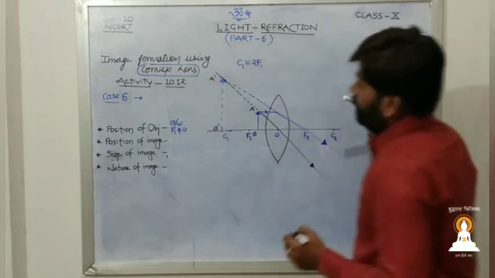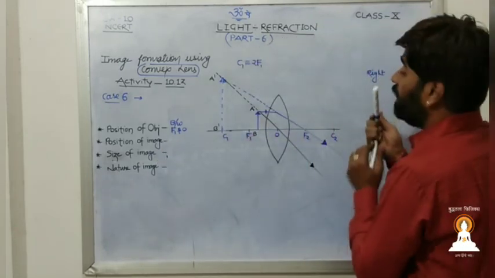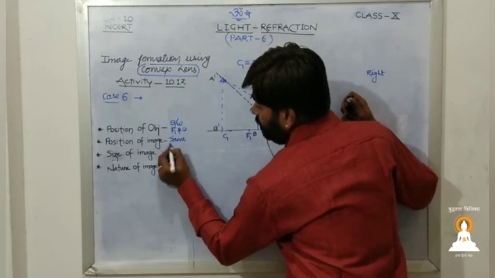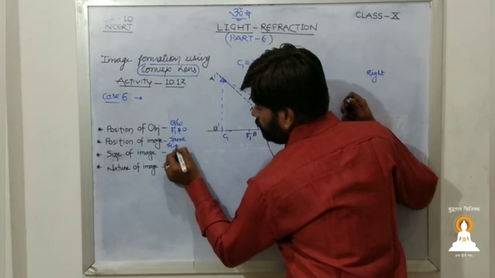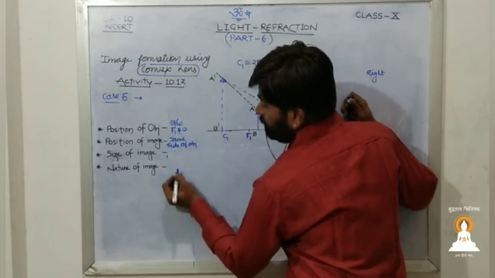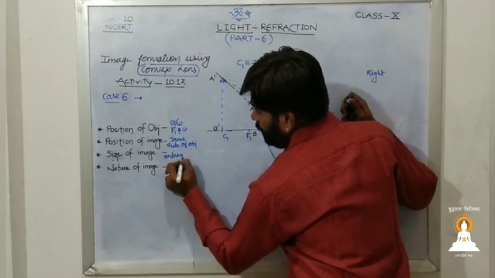Now the position of the image is on the same side of the object. Here we are not going to specify the position. Just write same side of the object. Size of the image will be enlarged.